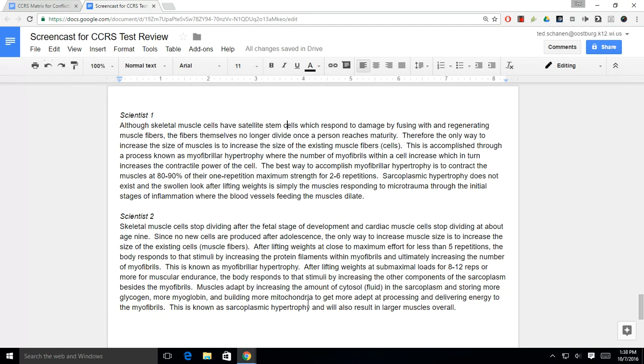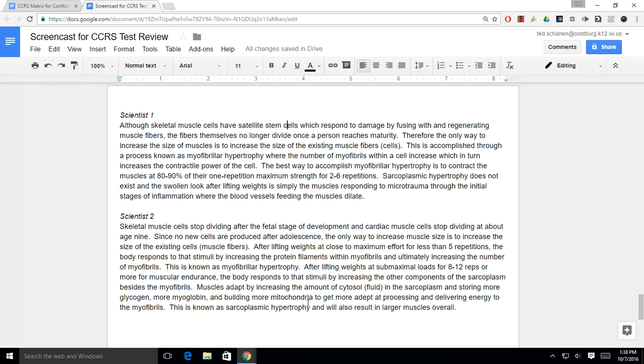And then I'll give, okay, here's the first statement. Muscles grow in response to bouts of maximal muscle contraction. Here's the second statement. Sarcoplasmic hypertrophy is the result of blood vessel dilation increasing the amount of cytosol. So you have two statements, and you need to figure out which of those statements, if either, are consistent with both scientists' descriptions of muscle cells and hypertrophy.